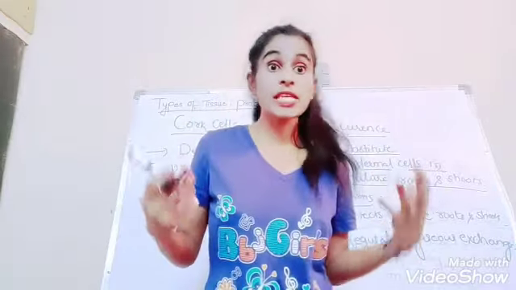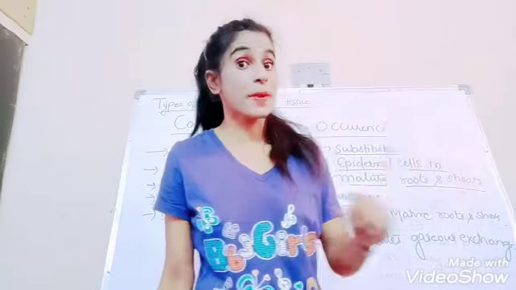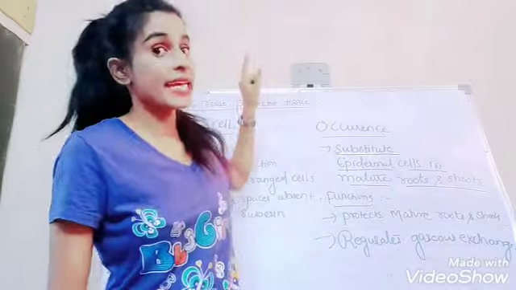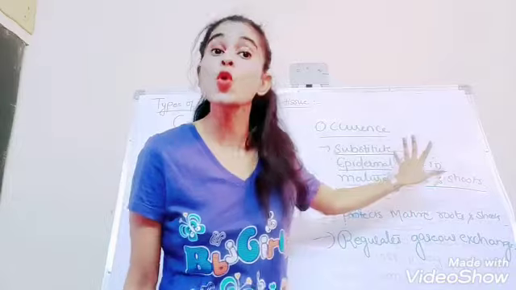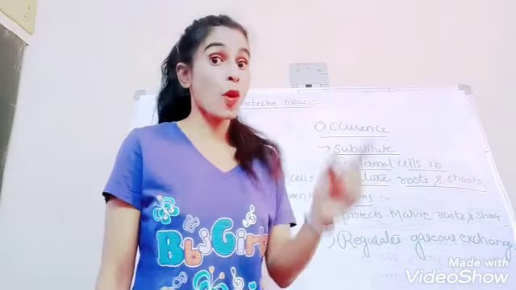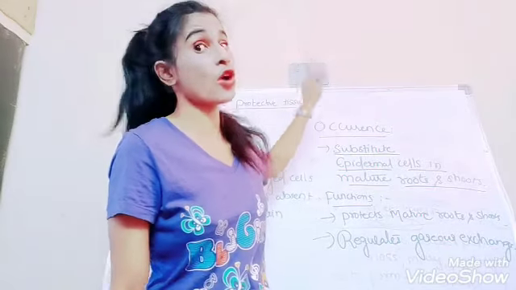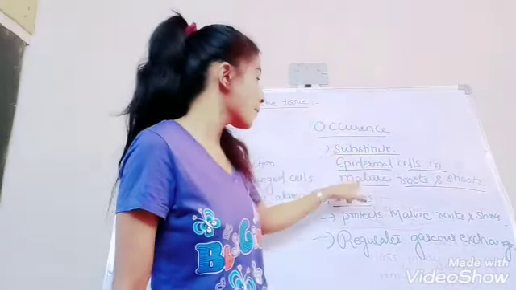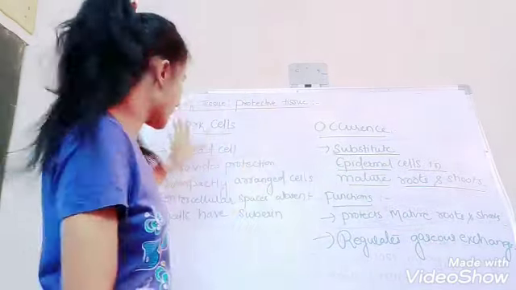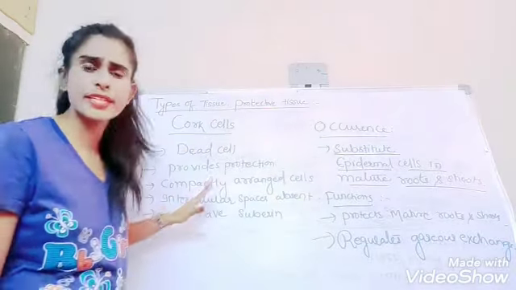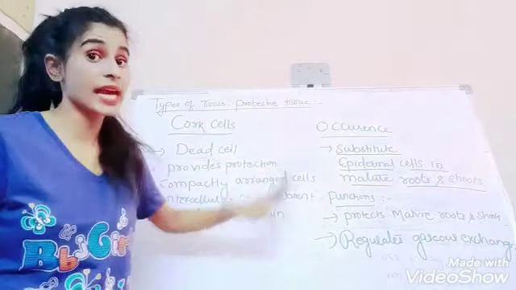But as it becomes mature, these epidermal cells are replaced by the cork cells, and hence the cork cells provide protection to the matured roots and stems. These are dead cells, with no intercellular spaces, providing protection especially to the matured roots and shoots.